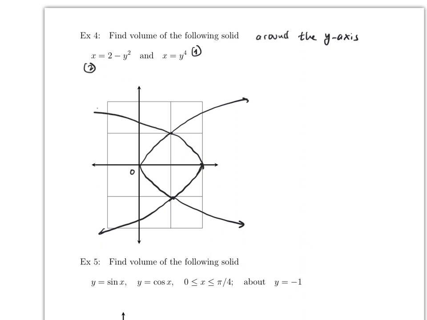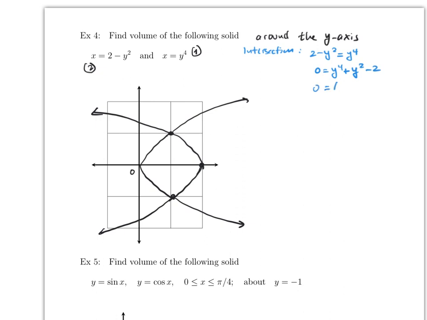The important part here is that they intersect here and here, and you should check that by simply doing the intersection. Remember, that means that 2 minus y squared should equal y to the 4. So you have 0 equals y to the 4 plus y squared minus 2.